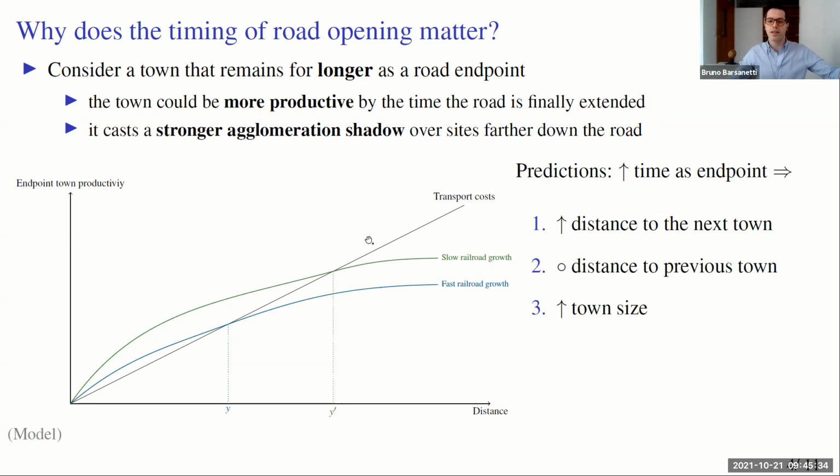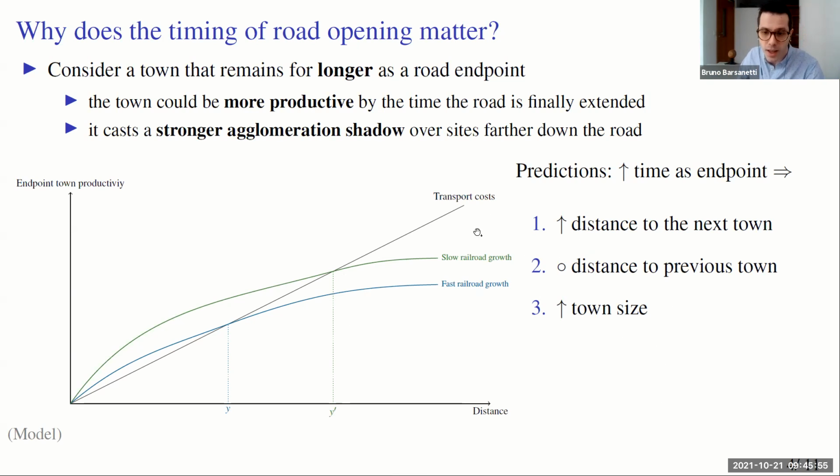And as the size of the town will depend on the demand for its urban services, this will depend on the size of the hinterland that the town is serving. And so basically, by pushing the next town farther away, we also have that the town will be larger.